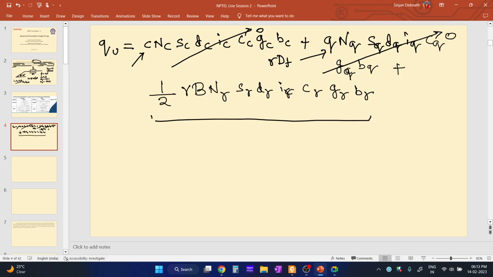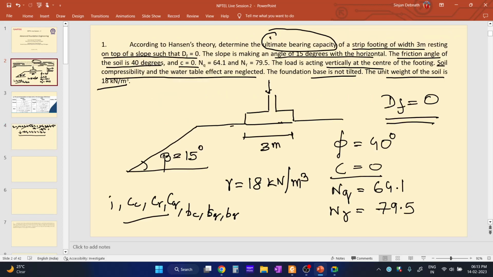So now we need not consider all the factors, because you see in the question it is already mentioned not to consider compressibility effect, and also it is said here that the base is not tilted and also the load is acting vertically.